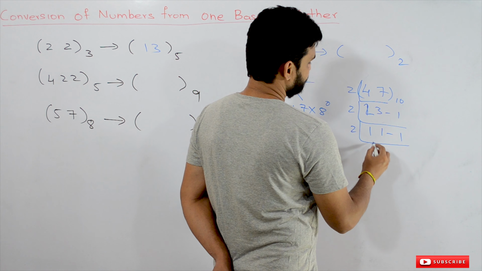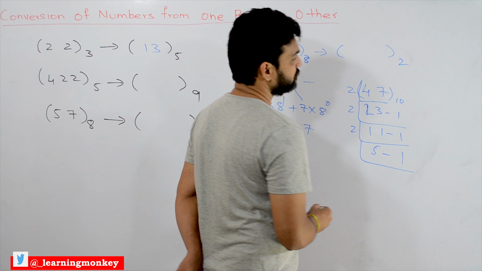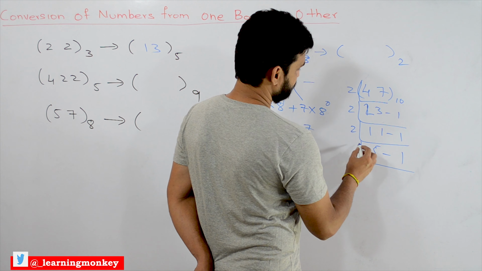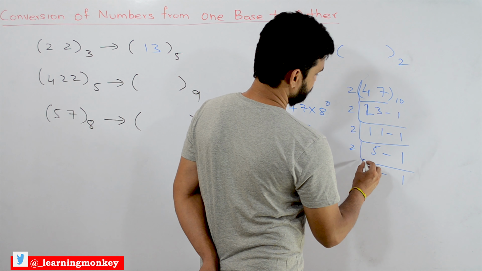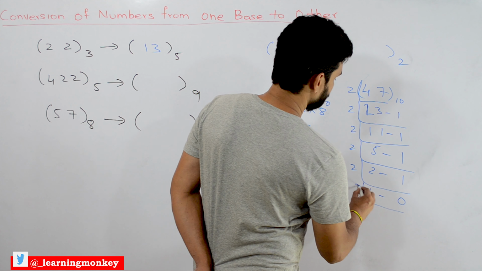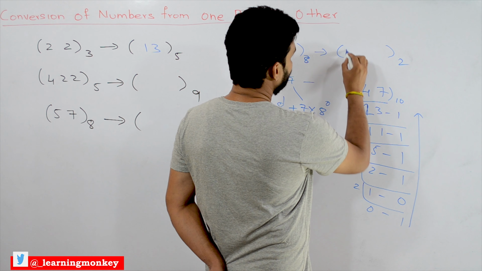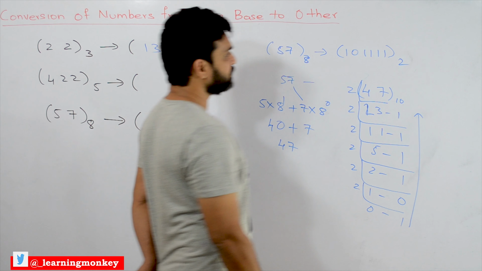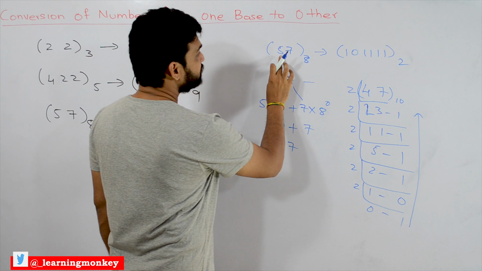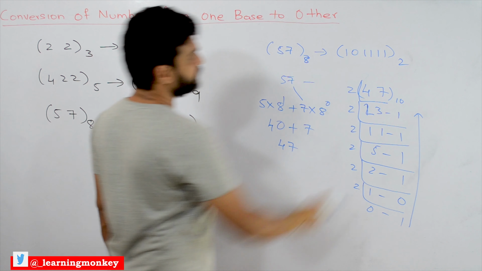Again 5 divided by 2 gives 2, remainder 1, then 2 divided by 2 gives 1, remainder 0, and finally 1 divided by 2 gives 0, remainder 1. So the binary equivalent of 47 in decimal is 101111, and 57 in base 8, when converted into base 2, is 101111.